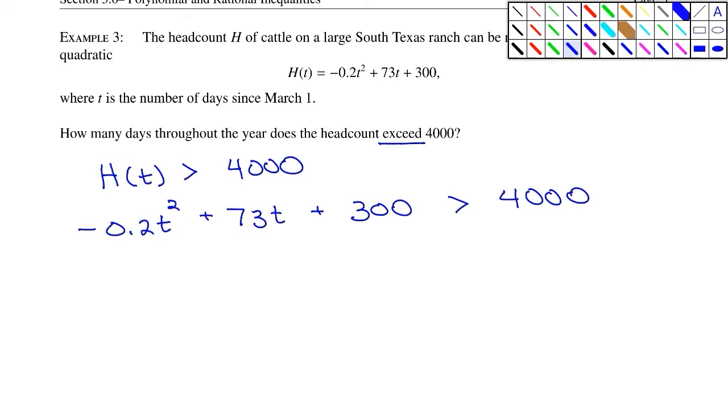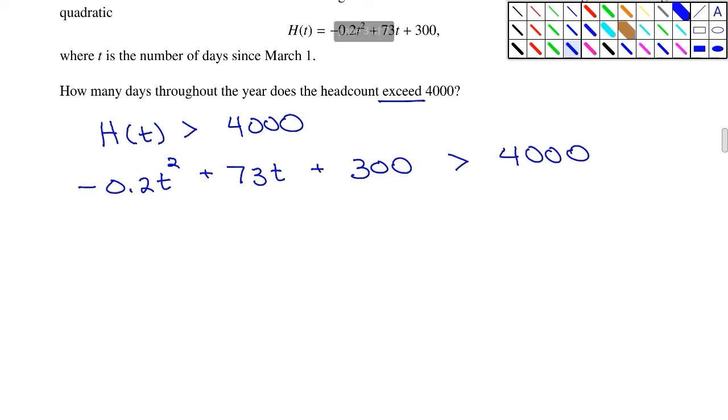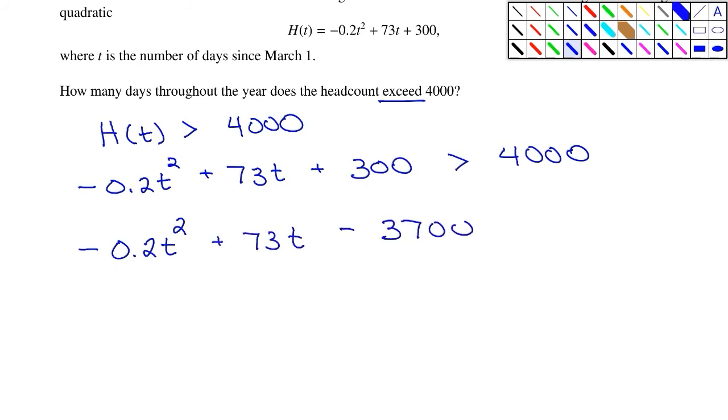Our first step in solving this inequality is to move the 4,000 over to the left side to create a comparison to 0. That combines with the 300 to create negative 3,700 is greater than 0.